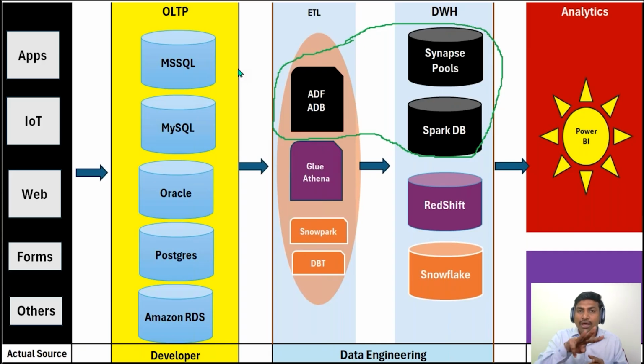So we need to learn all four items: Data Factory, Databricks, ETL, and Synapse, the Microsoft warehouse, and Spark, the open source warehouse, Apache Spark we call, which is actually backed by Hadoop storage.